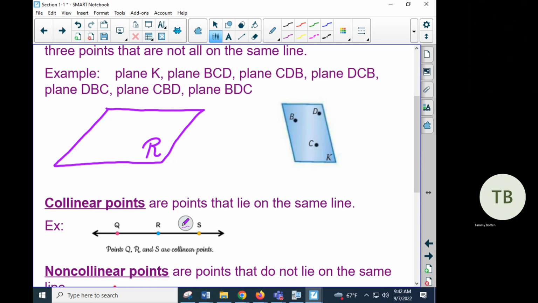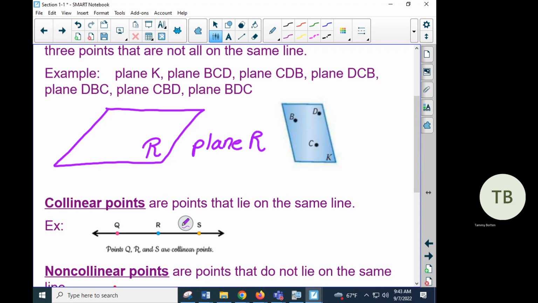Typically it's in this one or this one, but you would have one that is just there to name the plane. Another way to tell that it's there to name the plane is it won't have a dot by it. So like this K is there just to name the plane, whereas these three are points. Okay. So one way to name this is I can say plane R.